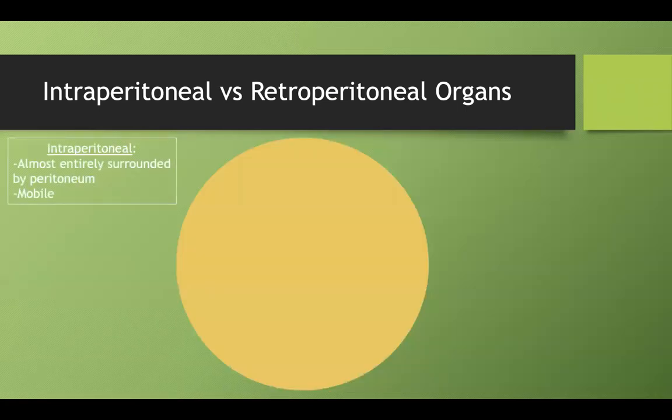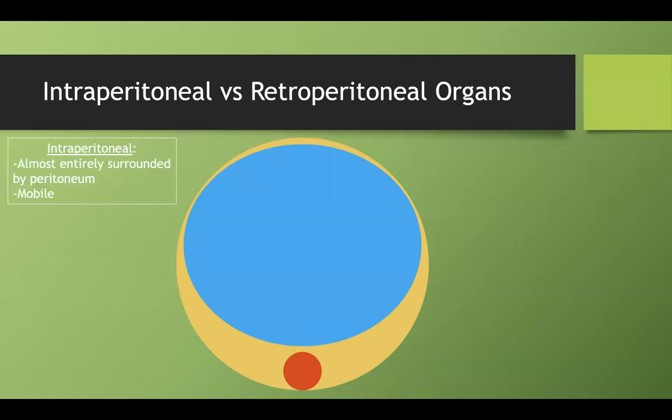So if we have our abdominal cavity here, our abdominal cavity contains a space called the peritoneal cavity. And within that peritoneal cavity is only about 5 to 10 milliliters of fluid normally. So it's actually quite small, but our organs all start posterior to this peritoneal cavity, okay?